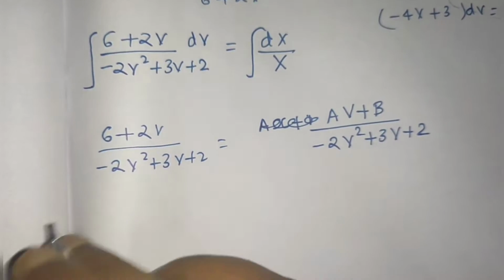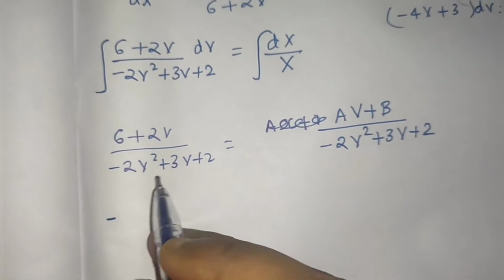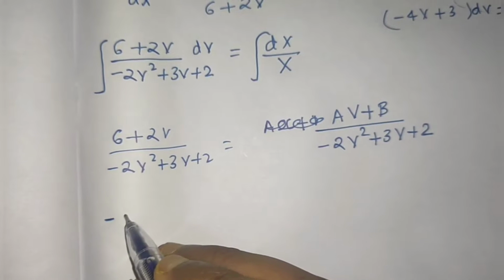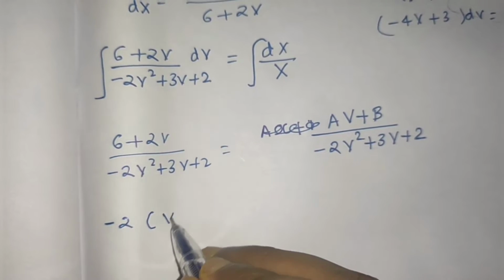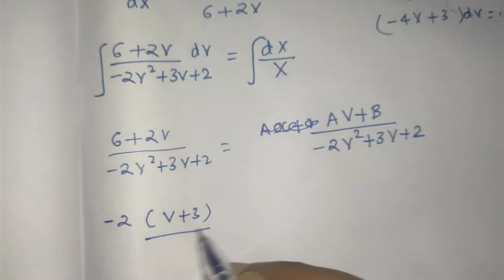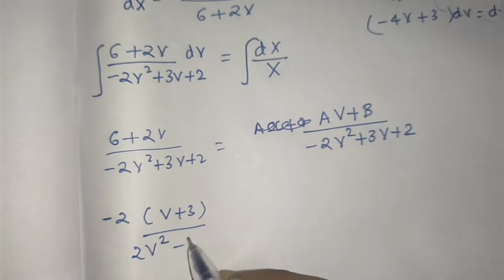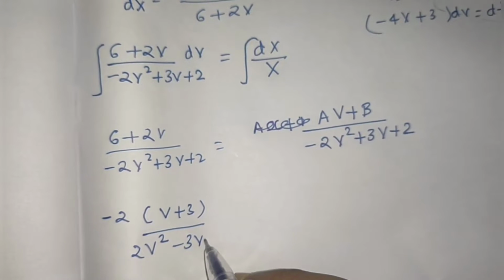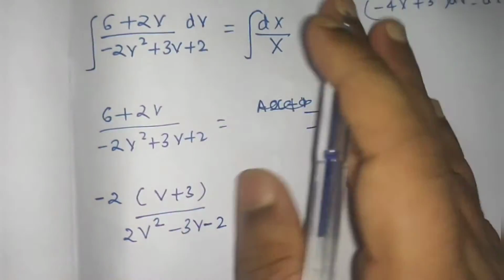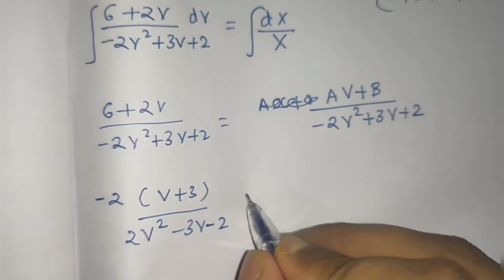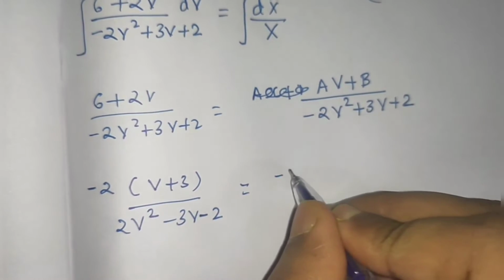So if I take minus sign common from denominator, and 2 from numerator, in numerator I will get v plus 3, and in denominator I will get 2v square minus 3v minus 2, because I have taken minus common. Let's leave this partial fraction for a while. Now we can further factorize this denominator.